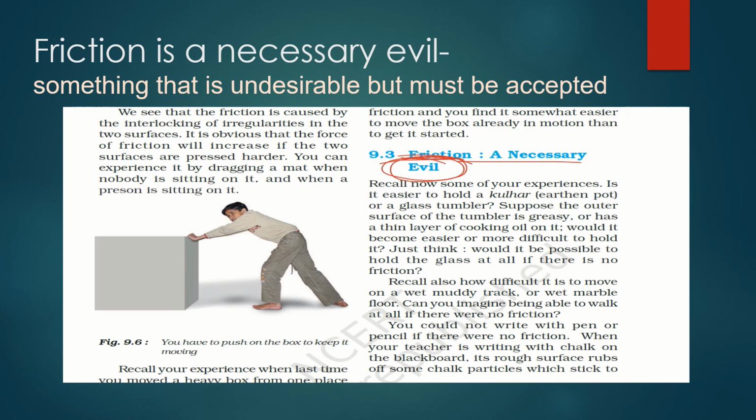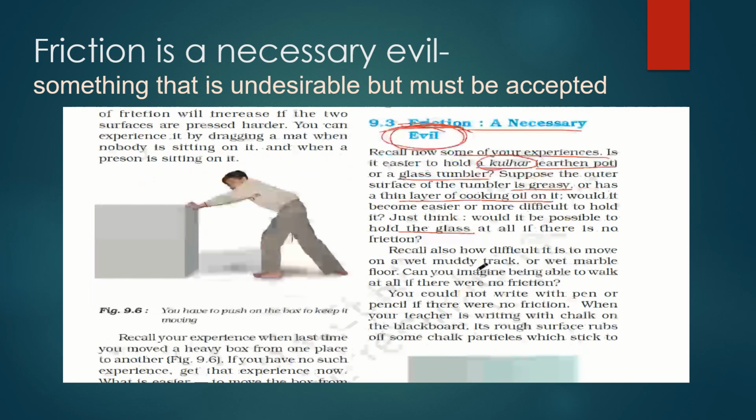Let us recall some of your experiences, like when you are holding a kulhar or earthen pot or a glass tumbler. Suppose the surface of the tumbler is very greasy, with a thin layer of oil on it, what will happen? It will slip off from your hand. If friction is not there, it will slip off and break, whether it is a glass container, a kulhar or a glass tumbler.